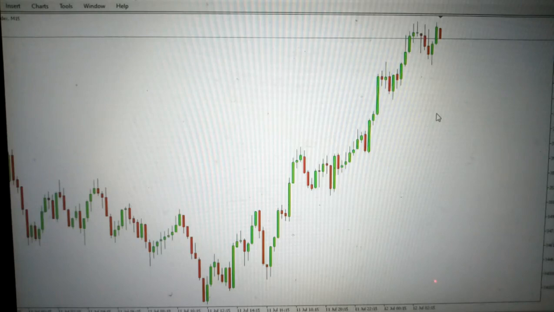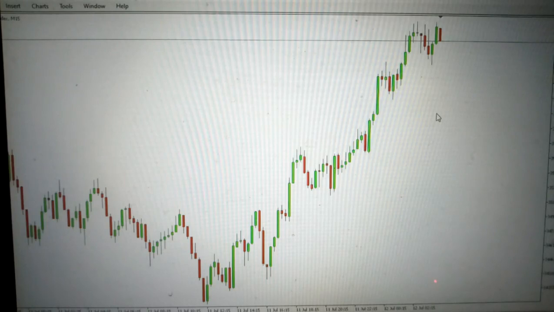You can also use it to analyze any index, whether it's volatility index or step index. If it is boom and crash, you can use Mega Smash strategy to analyze these assets. But for today, we'll be analyzing volatility index 75 with Mega Smash strategy.